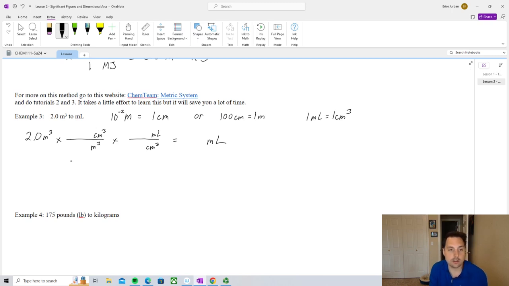Now in this example here, we want to cube this conversion factor. So if I take 10 to the negative second, I need to cube this. And this one here is just going to be 1. So 1 cubed is the same as 1. And then we can do the same thing on the bottom here.